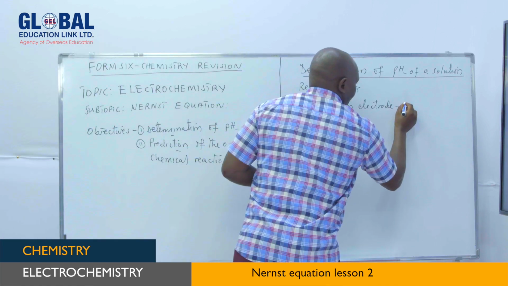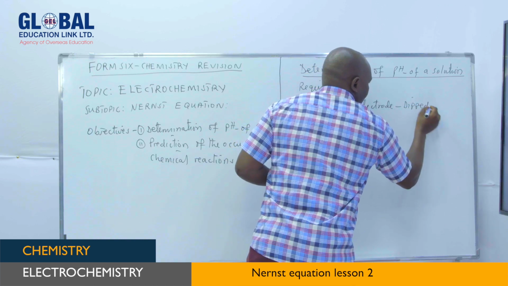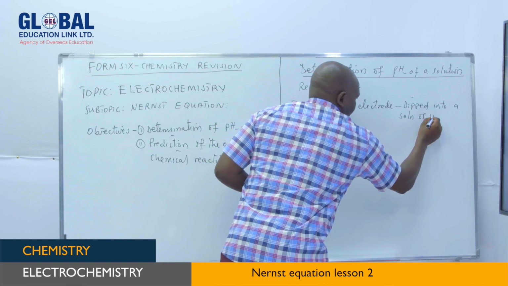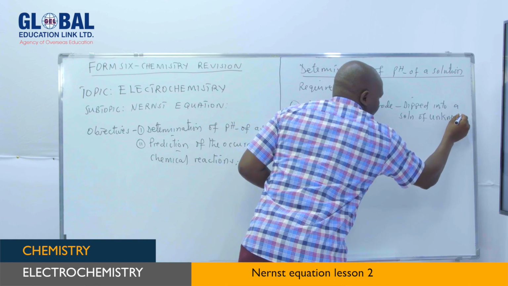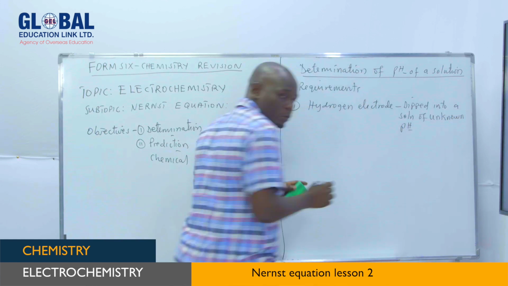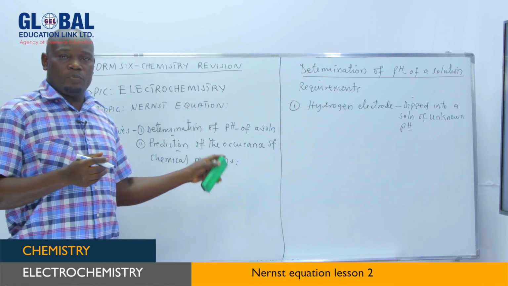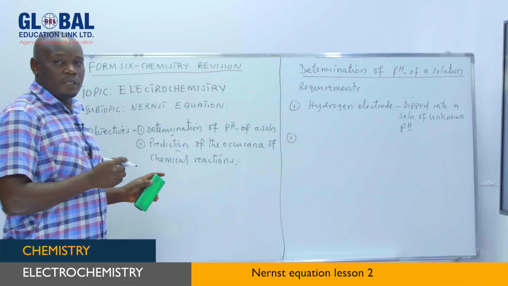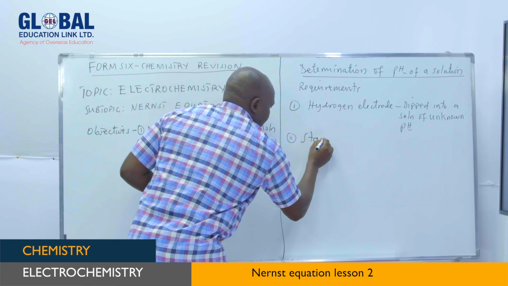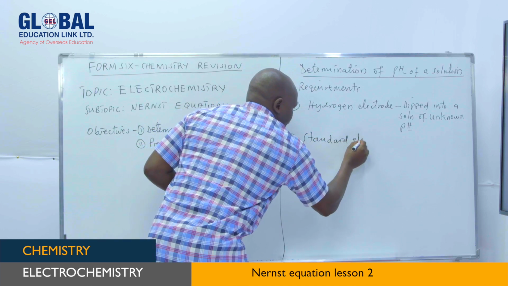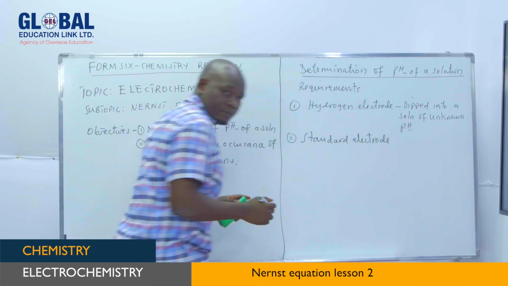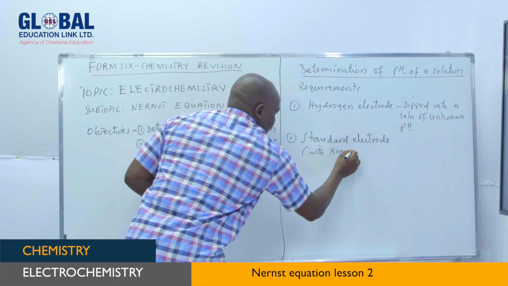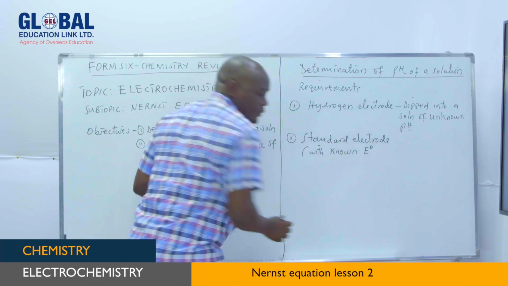of unknown pH, which means the solution whose pH is required to be determined. And the second, you must have a standard electrode, that is, an electrode with a known standard electrode potential.